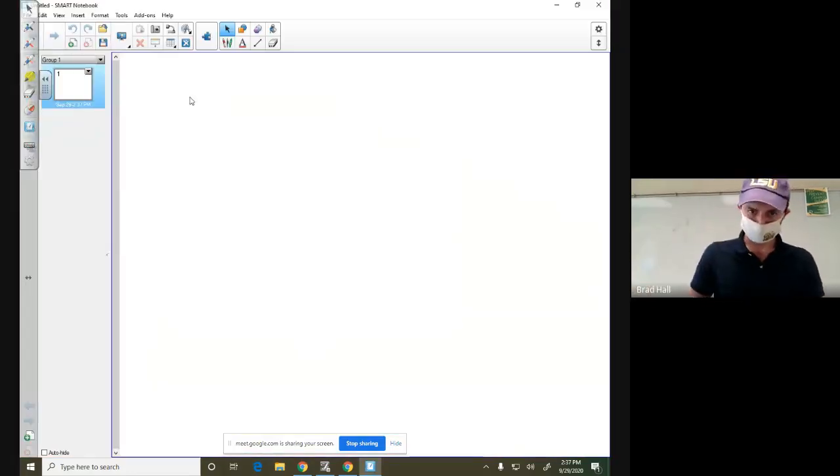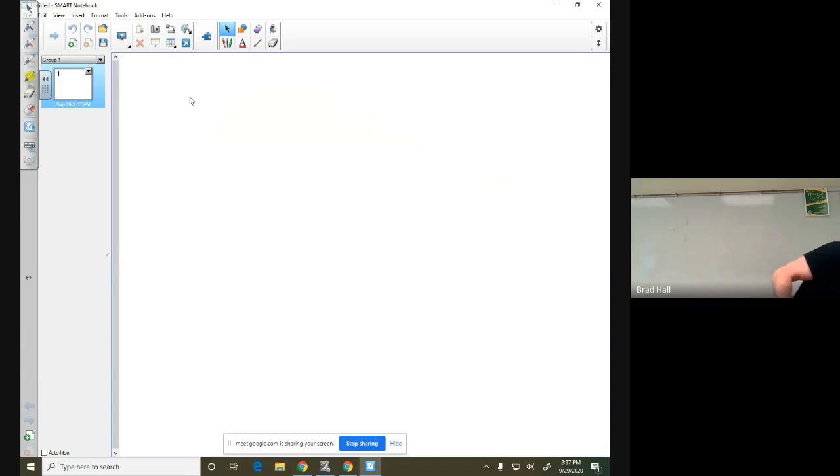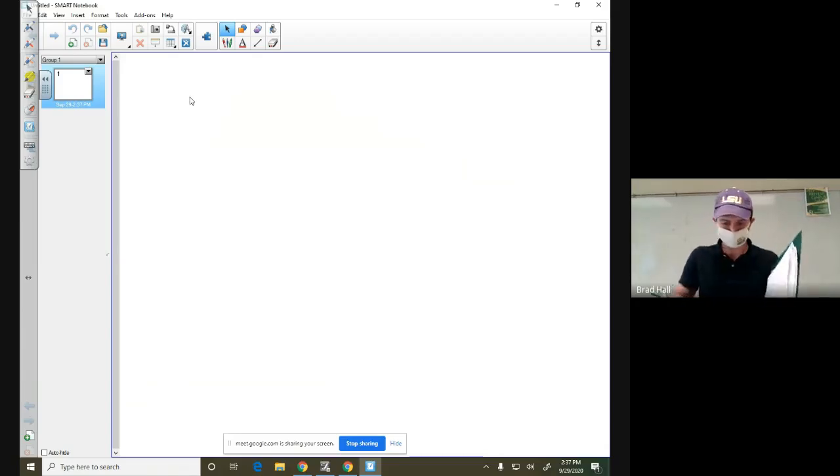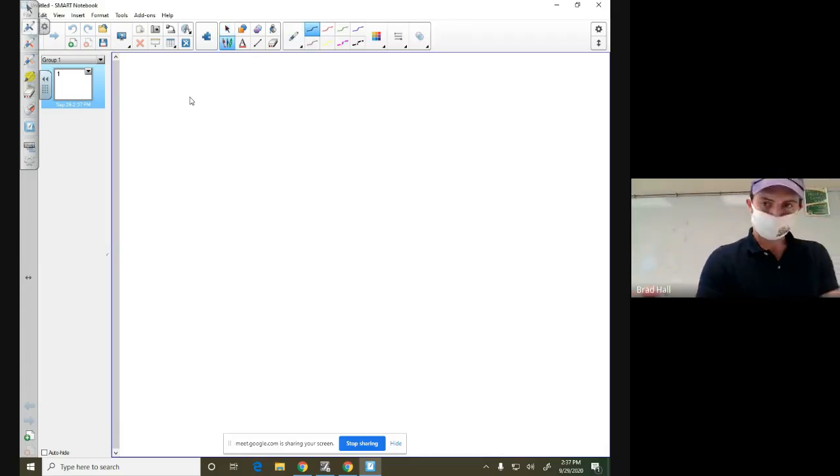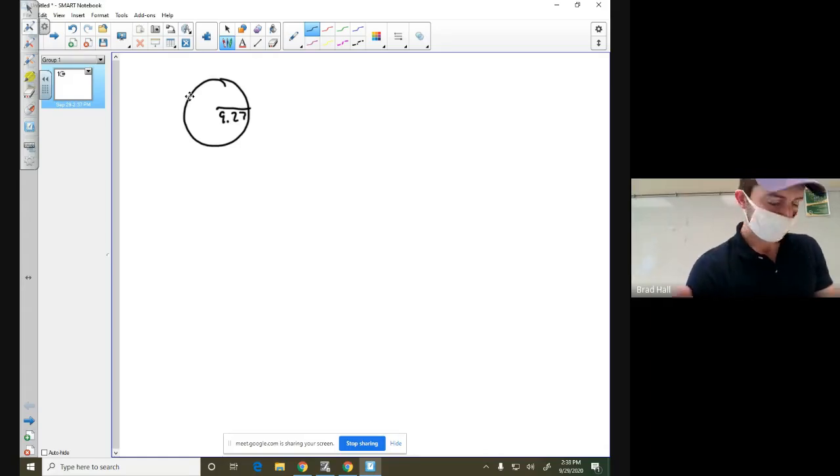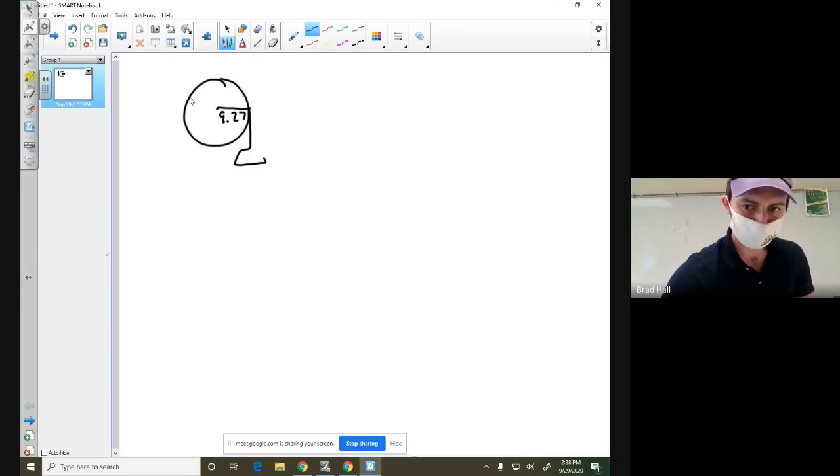All right. So the problem, hopefully you all have your notes in front of you. So remember, the original diagram was a circle. It was 9.27, and there was a weight that came down. And then for part B, what angle to the nearest minute?